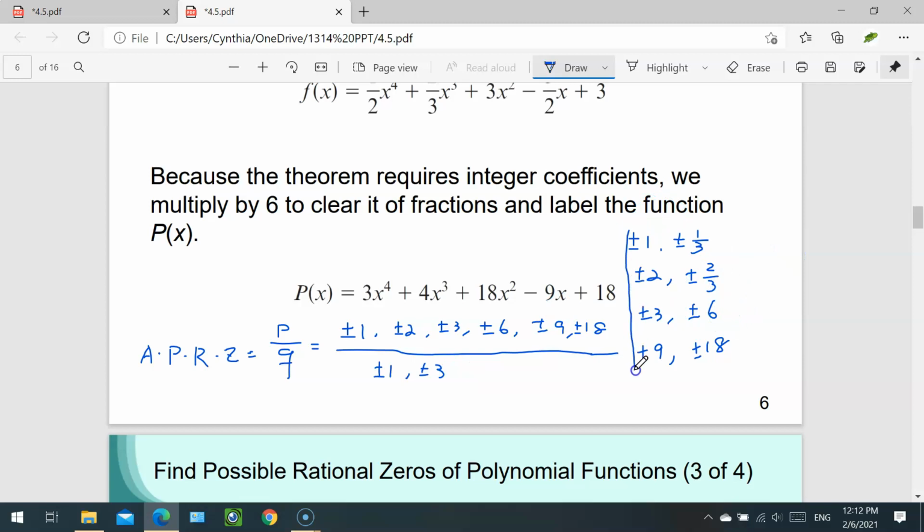So all the possible rational zeros are here, and this is the way you get all possible rational zeros.